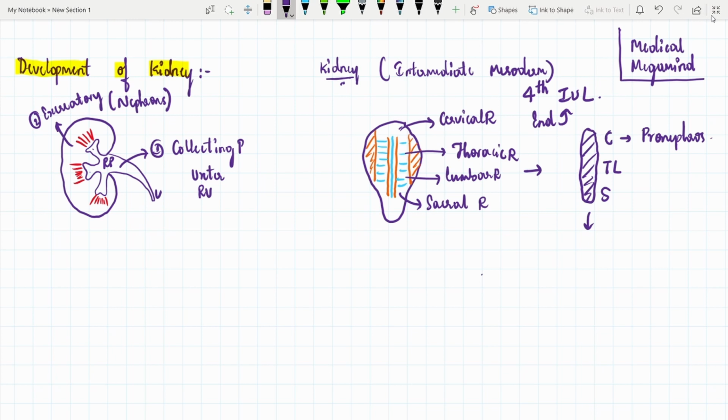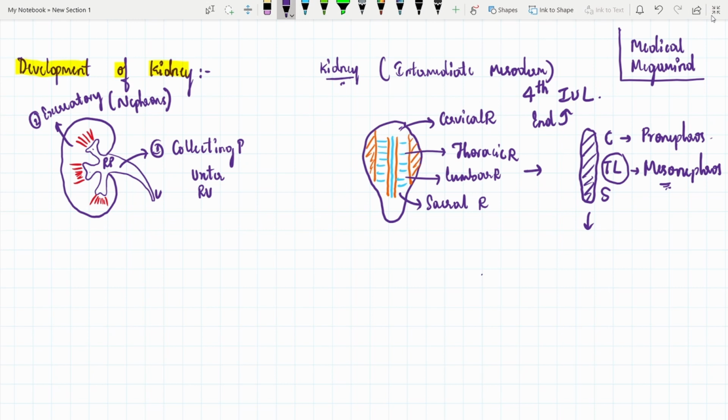And at the end of the fourth week of intrauterine life, the thoracolumbar region starts to function. That is called mesonephros. Now, this is also temporary. This mesonephros part is also going to degenerate.